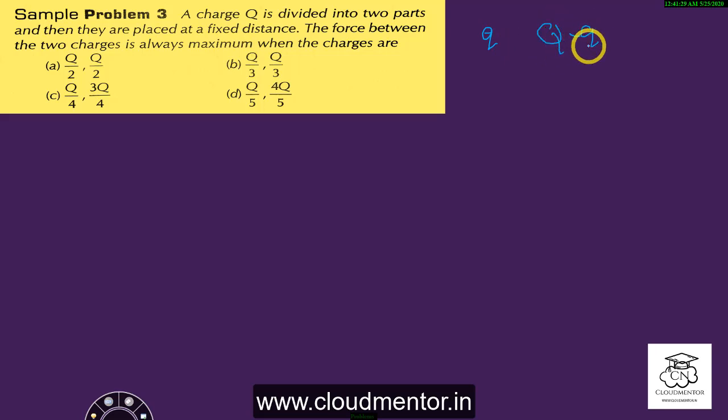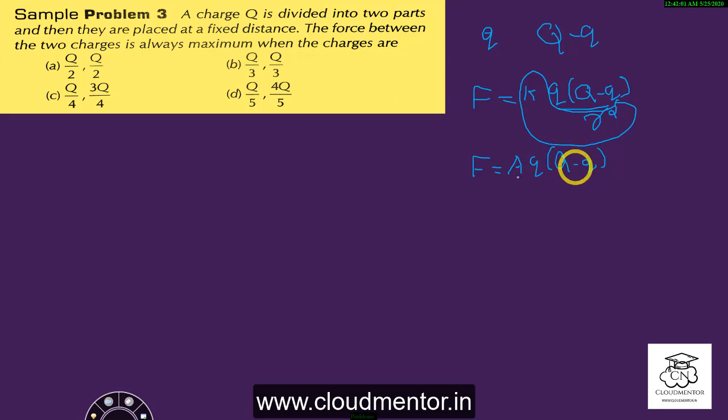So the force will be equal to 1 by 4 pi epsilon 0 or K multiplied by q into Q minus q divided by r square, and I am writing K by r square as A. It is simply a constant because the charges are placed at a fixed distance. So the force is A multiplied by q into Q minus q.